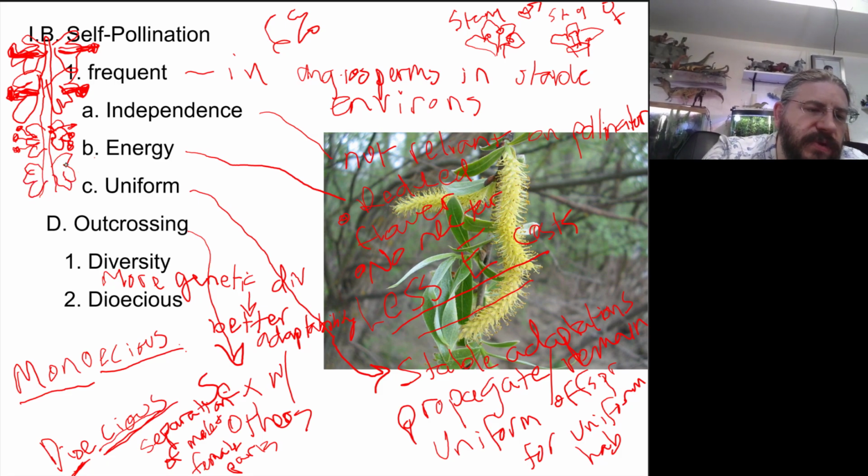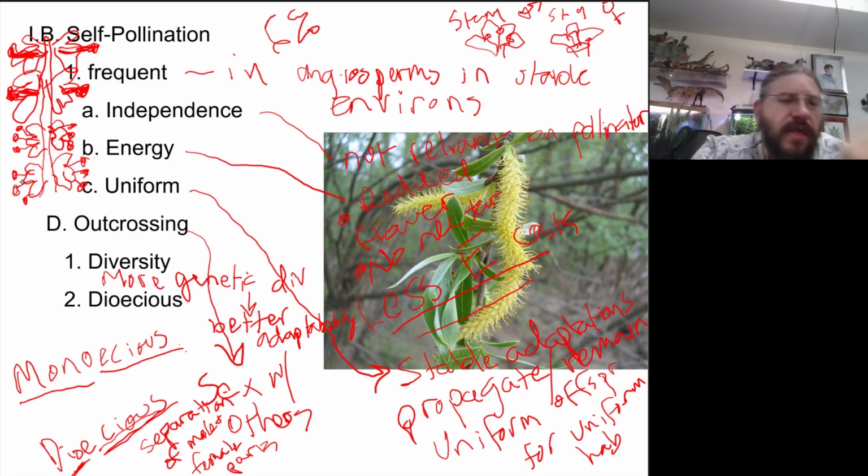Slightly different. So basically, in a monoecious plant, we have our pollen producing flowers with our female reproductive flowers.